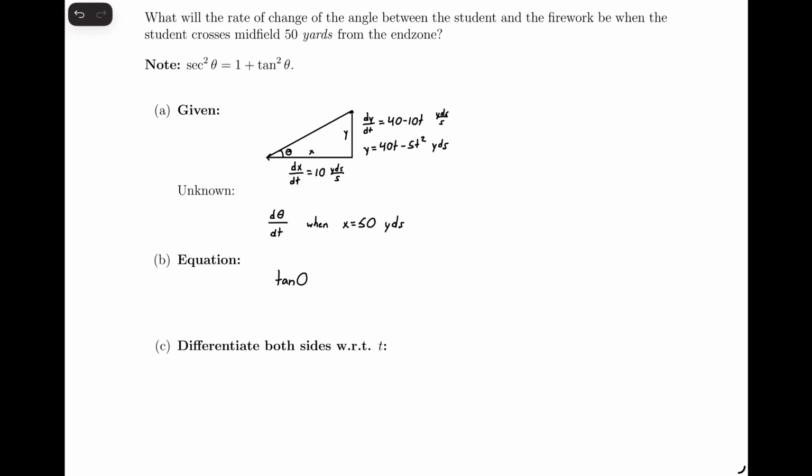We have tangent of theta is equal to y, which is opposite, over x, which is adjacent. So now we need to differentiate both sides with respect to t. So we have d/dt of tangent of theta, and that is equal to d/dt of y over x.